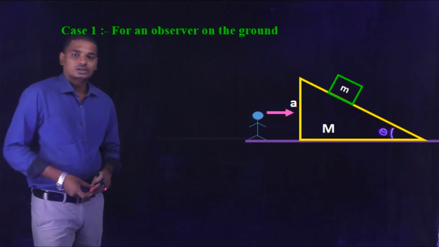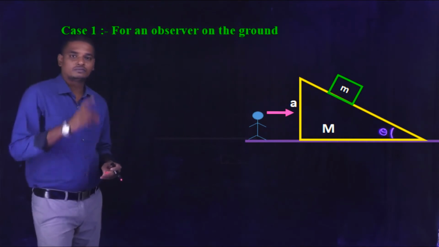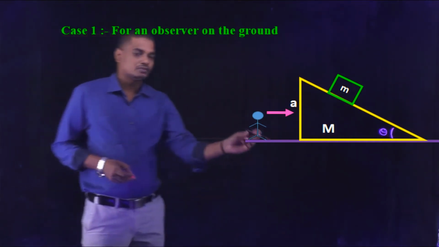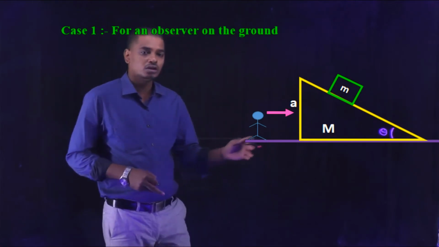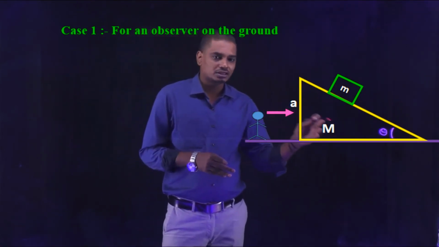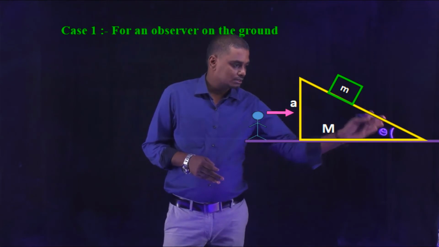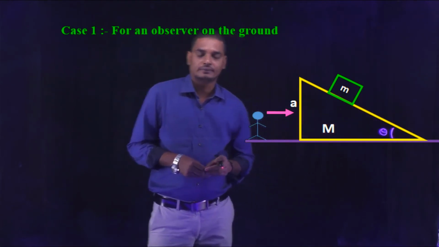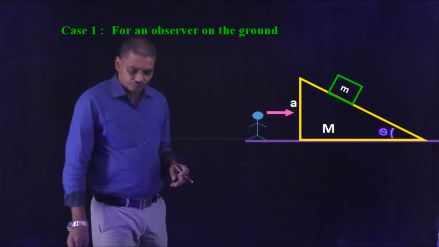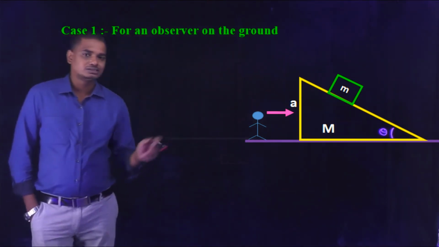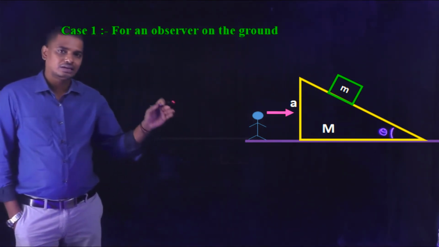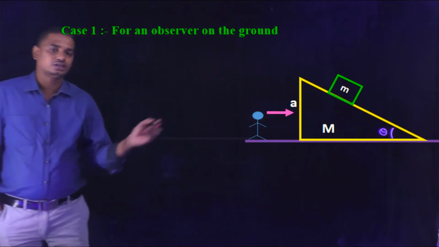Okay, students, to solve the above question, first we consider that the observer is on the ground. So for an observer on the ground, consider the wedge is moving in this direction with an acceleration a. So let us draw the free body diagram for the block. As the block is initially at rest, that is, at stationary condition only.